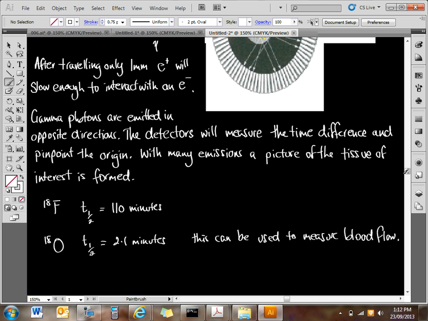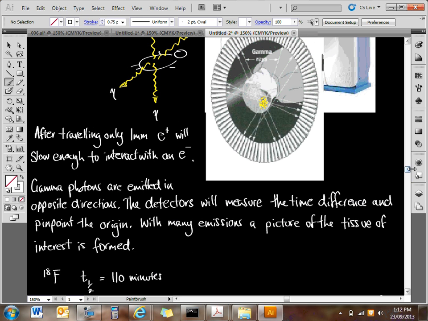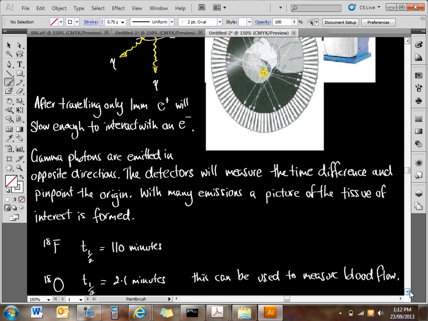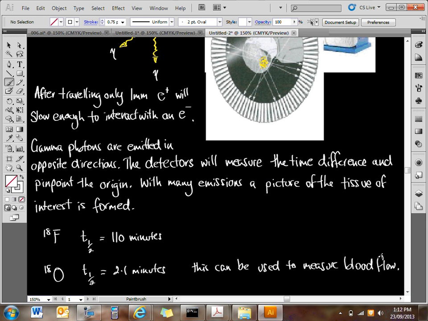What do we need? Now, this device here is very expensive. What do we need very close to that device? Cyclotron, that's right. In order to make this stuff, we need to be able to bombard some element with neutrons.